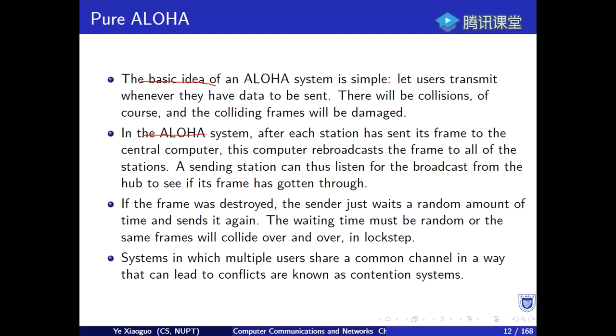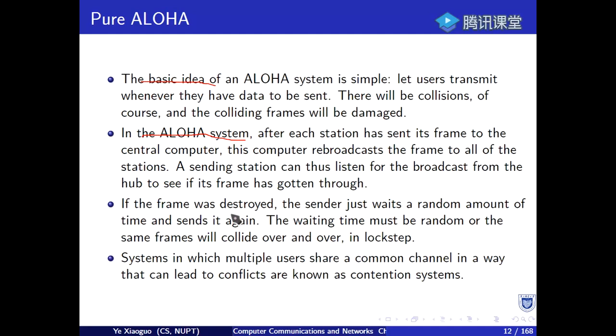In the Aloha system, after each station has sent its frame to the central computer, this computer rebroadcasts the frame to all of the stations. A sending station can thus listen for the broadcast from the hub to see if its frame has gotten through.